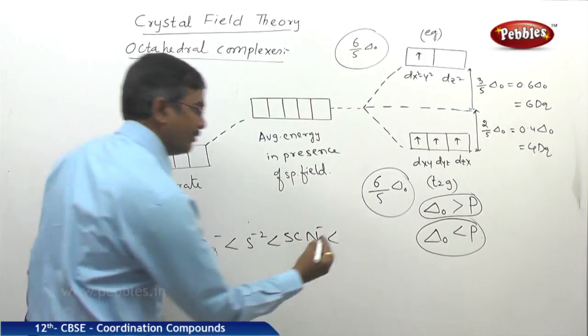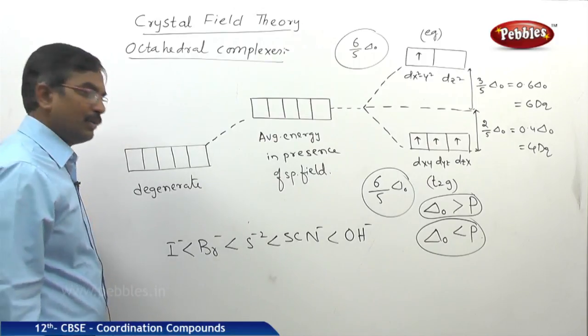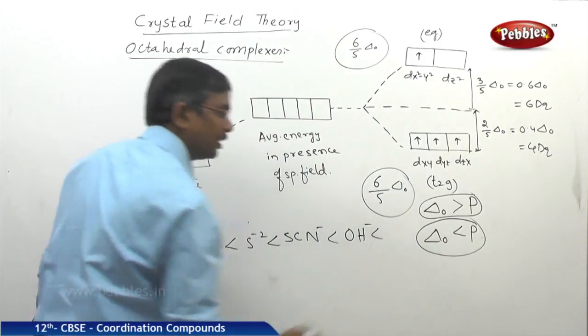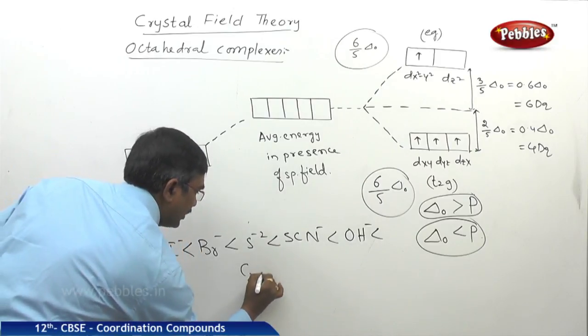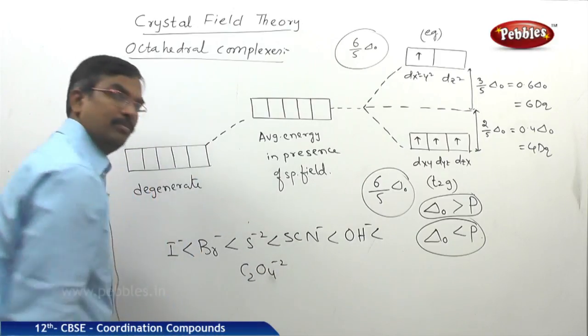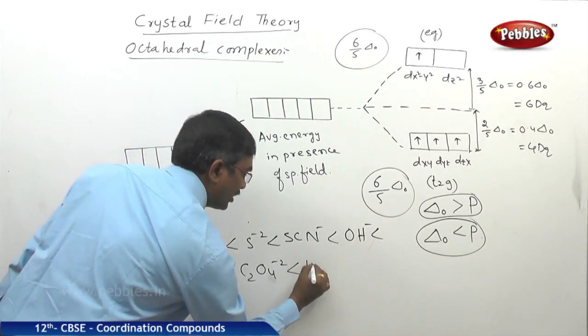That will show less field when compared with OH minus, which will show a smaller field when compared with oxalate, C2O4 minus 2. This will show a smaller field when compared with the water molecule.